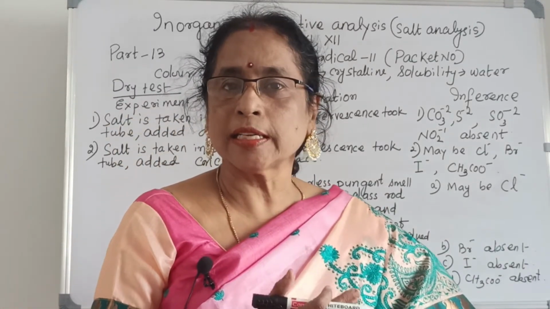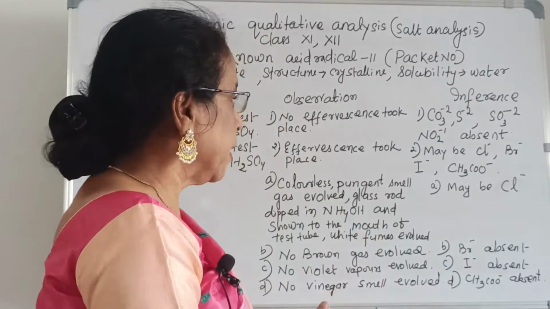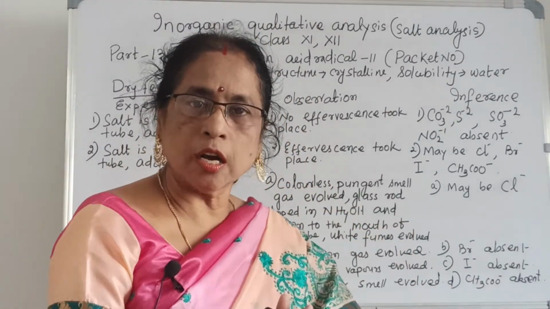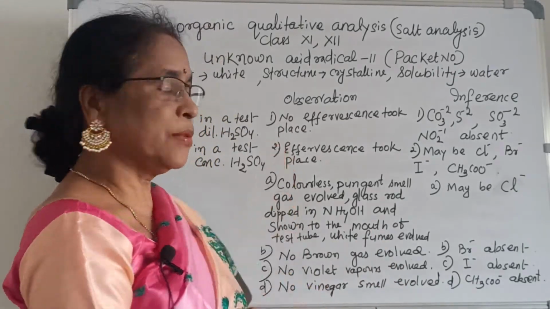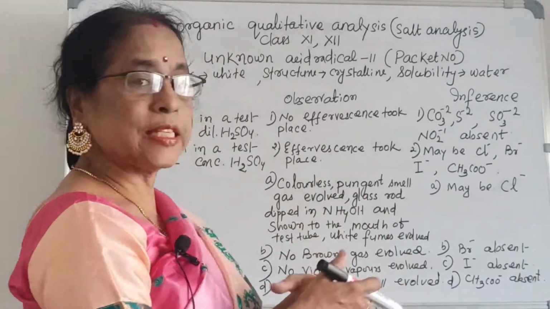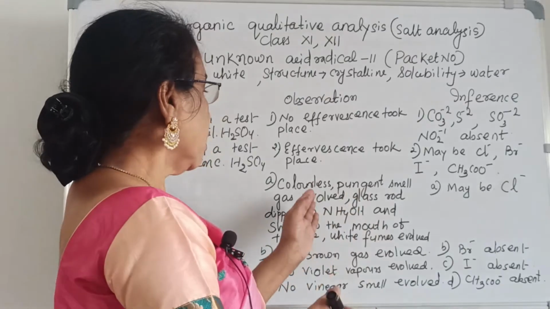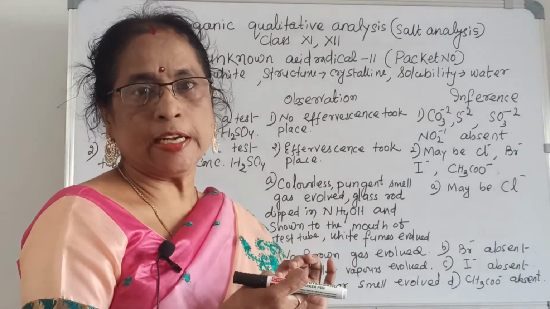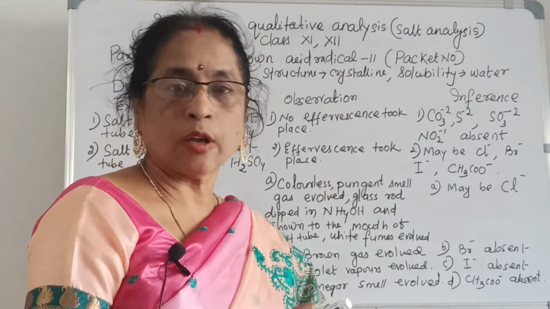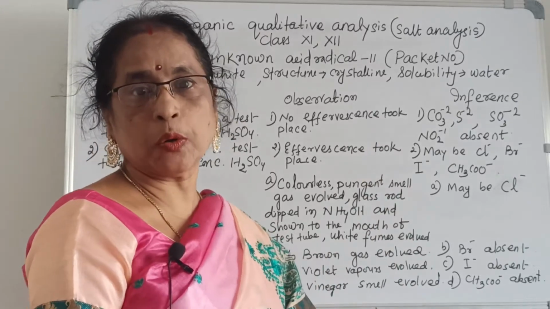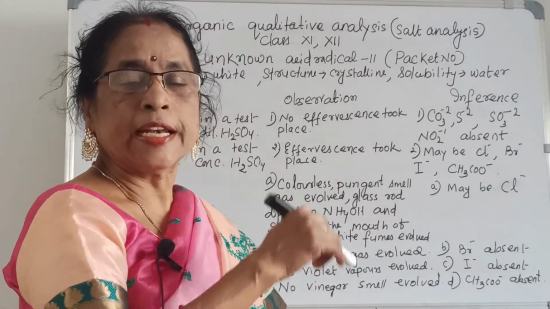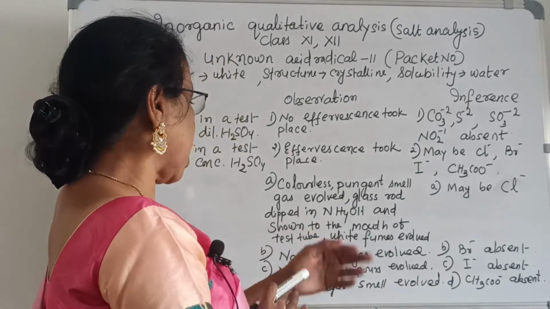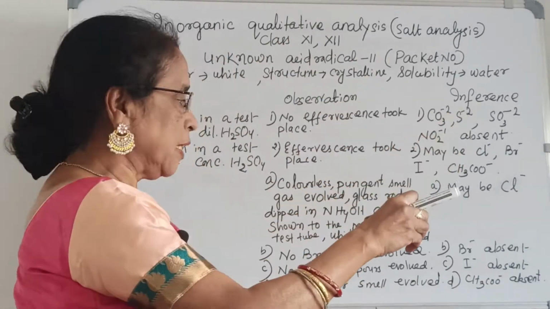Then what may that acid radical be? We observe the color and smell of the gas. First I observe a colorless pungent smelling gas. Immediately I thought that yes, it may be chloride. After that, immediately a glass rod dipped in ammonium hydroxide is shown to the mouth of the test tube.